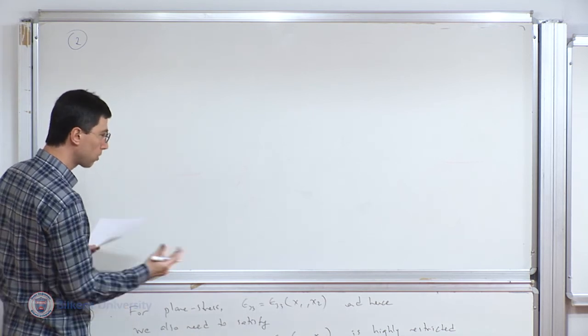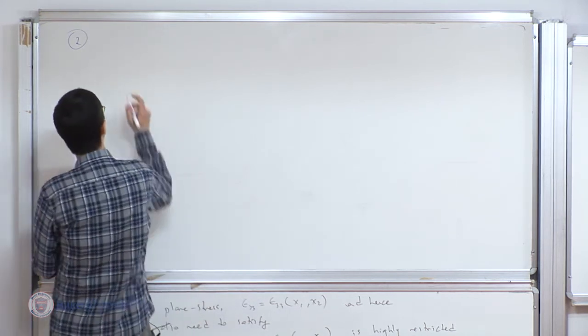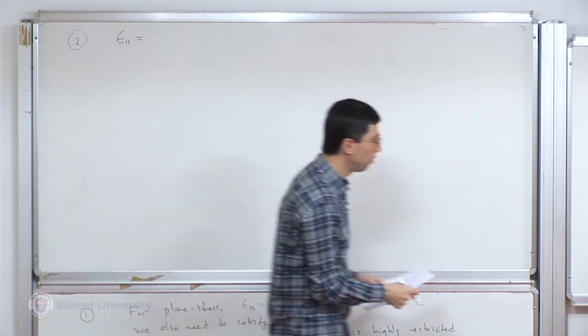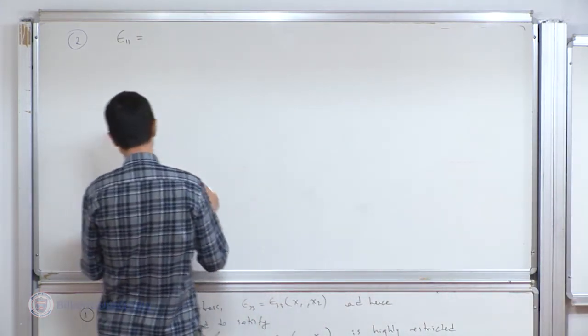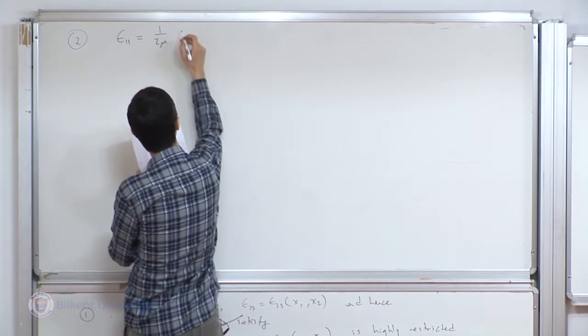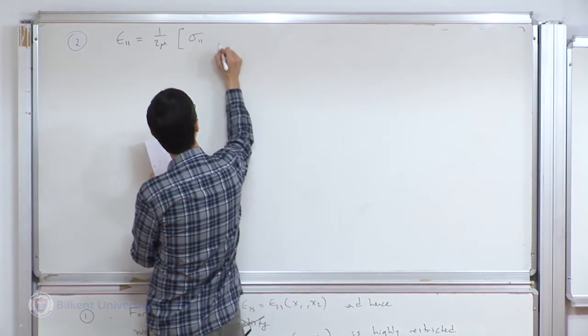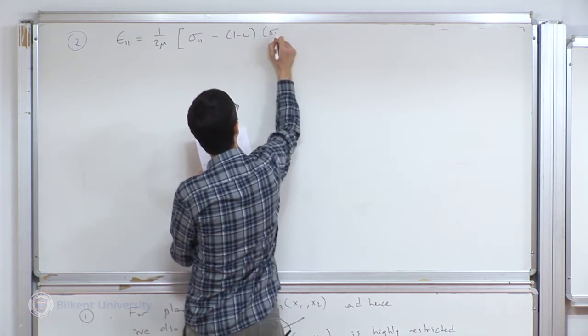What I will do is, I have erased these expressions, but in terms of omega, I'd like to express epsilon 1,1, 2,2, and 1,2 in terms of stress first, in a way that it holds for both plane stress and strain. So let's start with the 1,1 component.